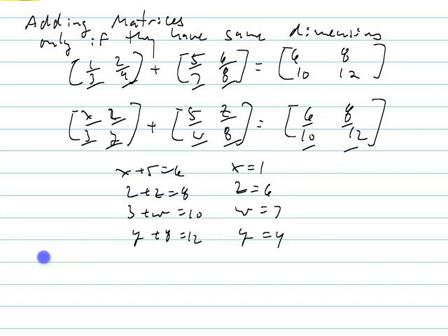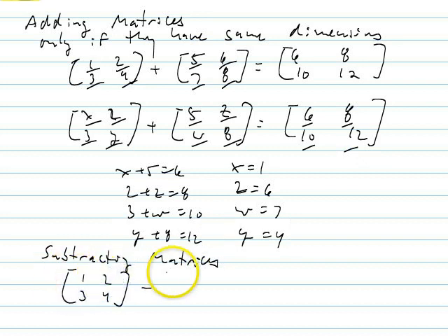Now, subtracting matrices is similar to adding. If I had 1, 2, 3, 4 minus 5, 6, 7, 8, so you can only subtract matrices if they have the same dimensions, which these do.